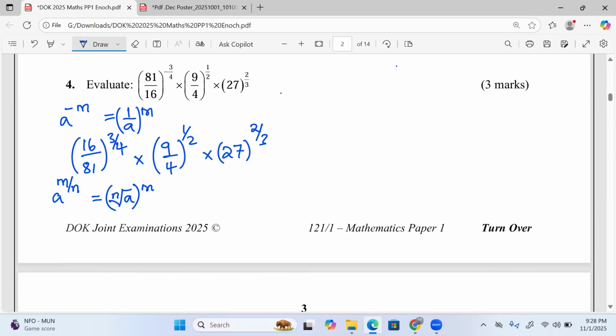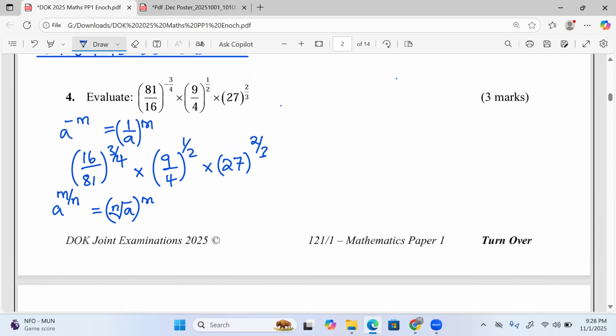So when we apply this in our expression, then it shall become, we take the fourth root of 16 over 81. Then everything now should be raised to power 3. In the next term, we take the square root of 9 over 4.